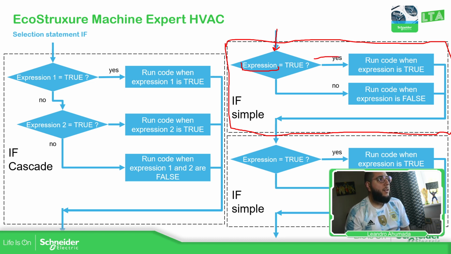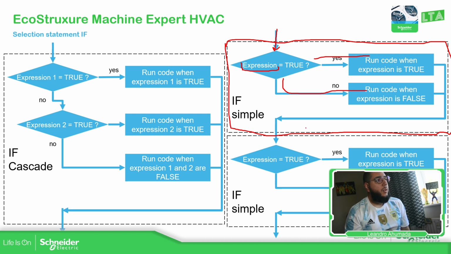If that is true, then it runs a part of the code. It doesn't have to be just one line. It can be a bunch of them. It doesn't matter. And then it just continues with the code that you have. If that expression is not true, then it continues with the code that you have, running with the no condition.